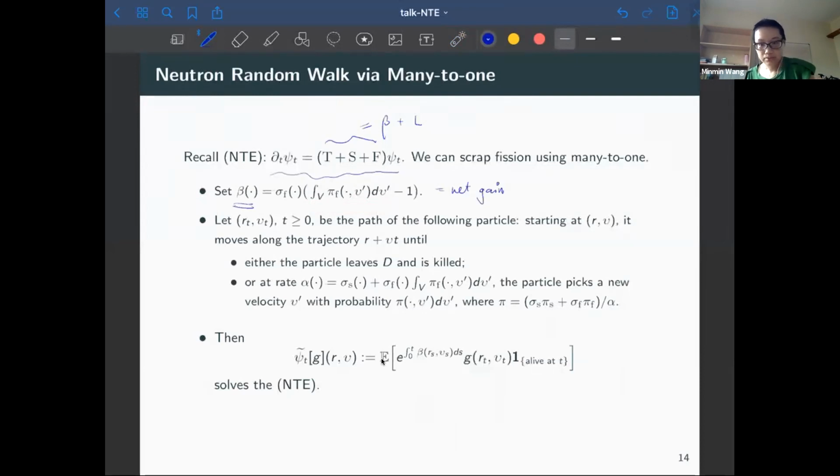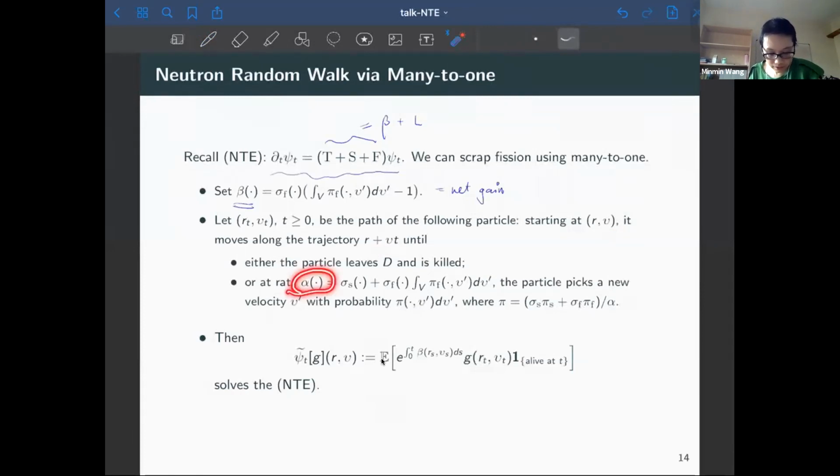It turns out this operator L has an interesting interpretation. It corresponds to the motion of a particle. This is a particle which, let's say, starts from r with velocity v, and will move in a straight line with this constant velocity v until one of two things happens: either it leaves the domain and gets killed, or it changes velocity at some rate alpha.